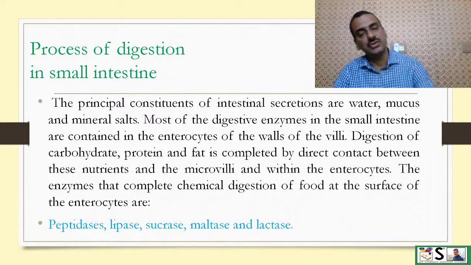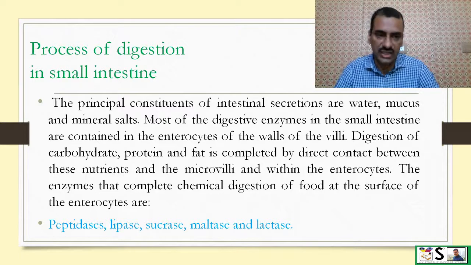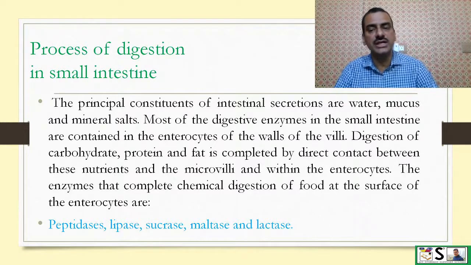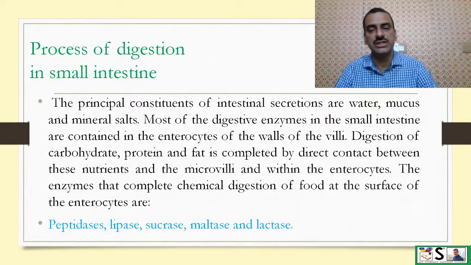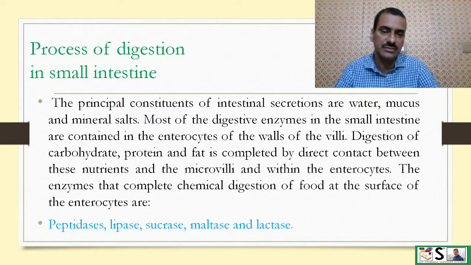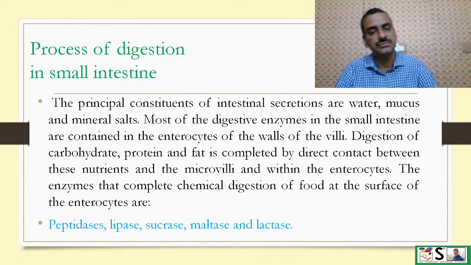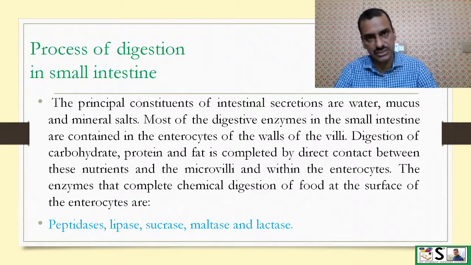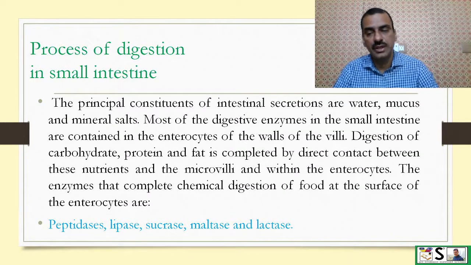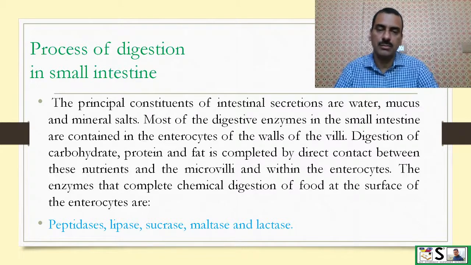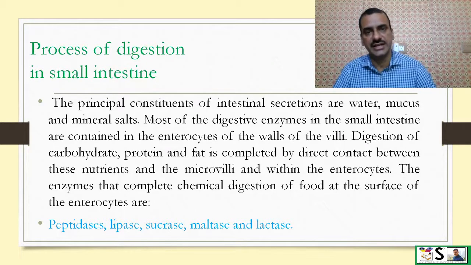They remain in the enterocytes in the wall of the villi. The digestion of carbohydrate, protein and fat is completed by direct contact between these nutrients and the microvilli and within the enterocytes. The enzymes that complete the chemical digestion of food at the surface of enterocytes are peptidase, lipase, sucrase, maltase, and lactase.